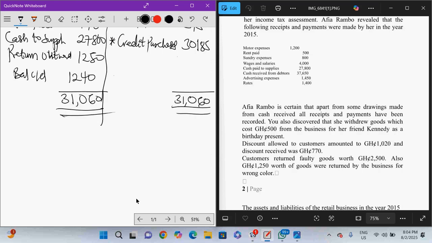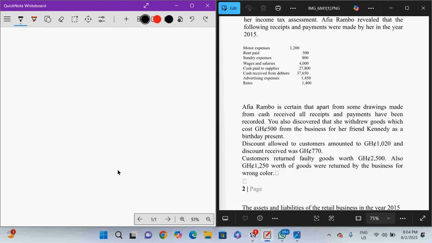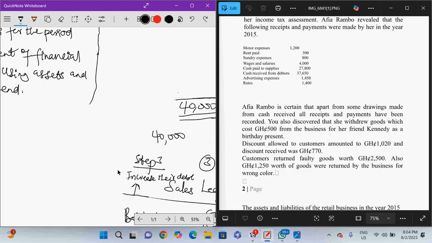So we move to step 4. Step 4 is what? What is step 4 saying? Step 4 is saying that we should adjust expenses with prepays and accruals, right?